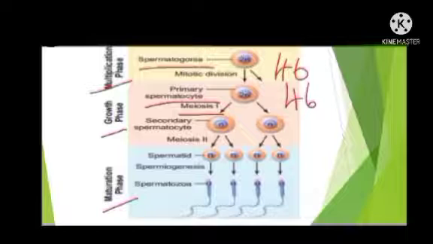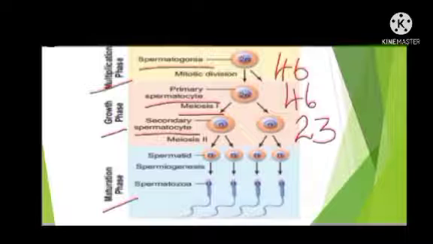As a result, two cells are formed which are equal in size and they are called secondary spermatocytes. And they are haploid in nature. Why are they haploid? Because they are formed as a result of meiotic division.